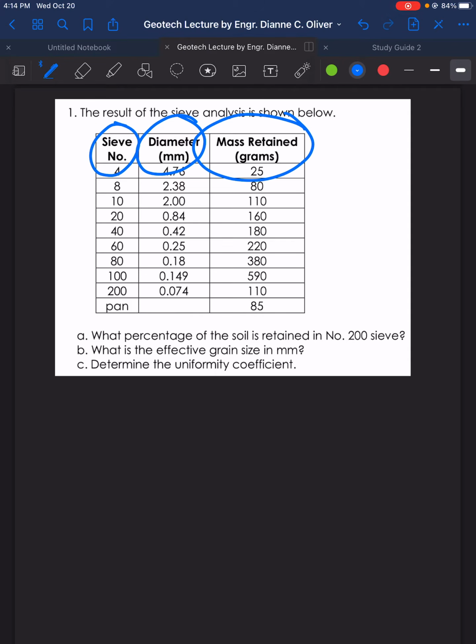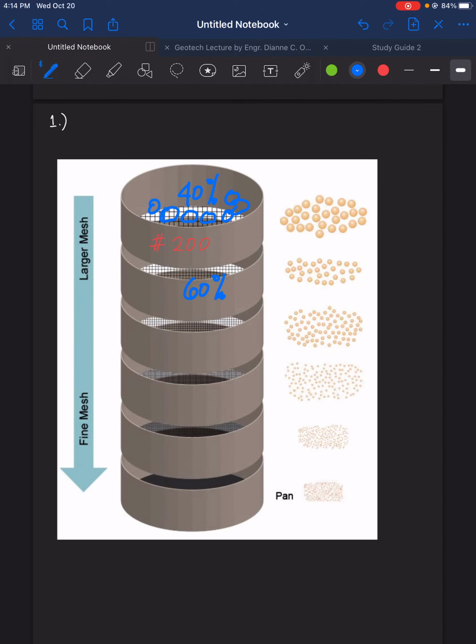So what is this mass retained? So again, let's go back to the drawing here. These are the stacked sieves. So obviously, the sieve with lesser spaces is located below, at the lower part.